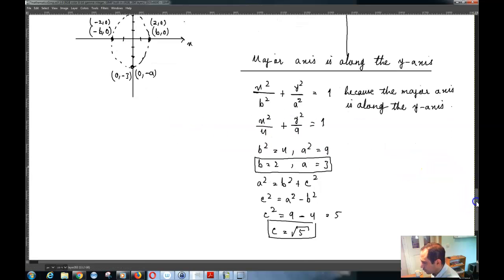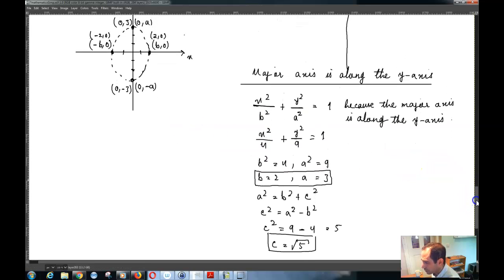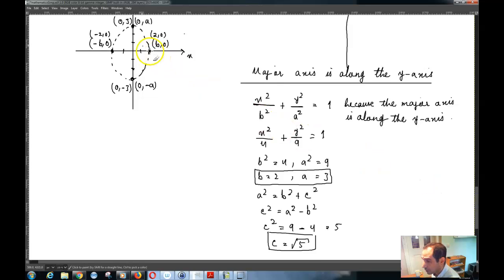And then your foci are going to be at 0 comma c and 0 comma negative c. So c is equal to square root of 5, so you have 0 comma square root of 5 and 0 comma negative square root of 5.